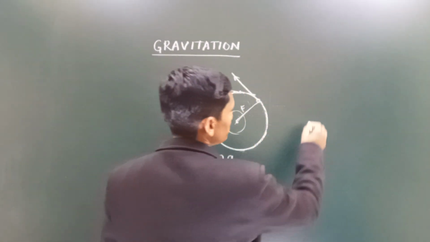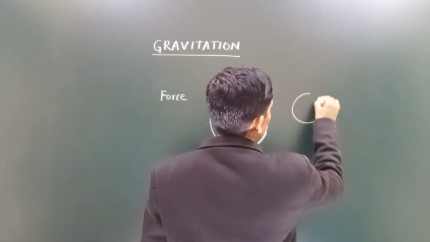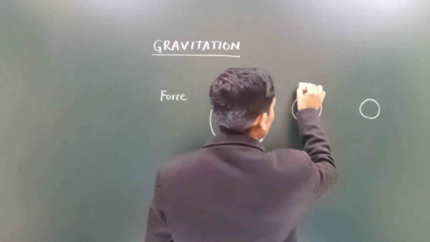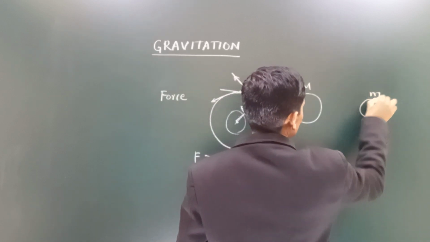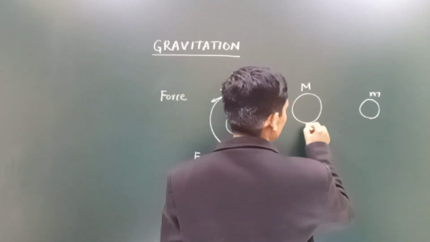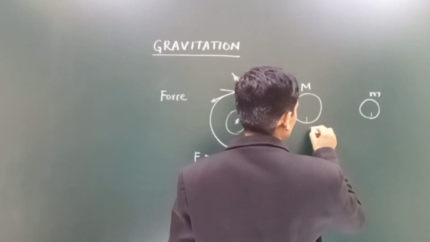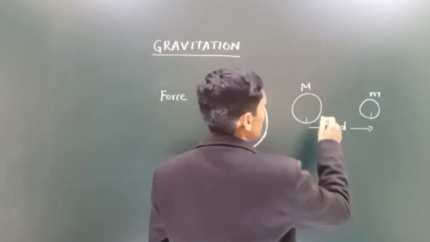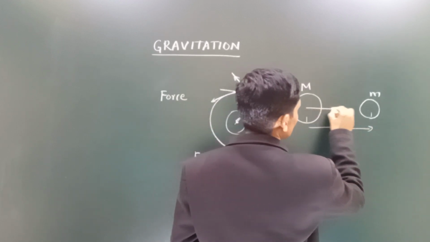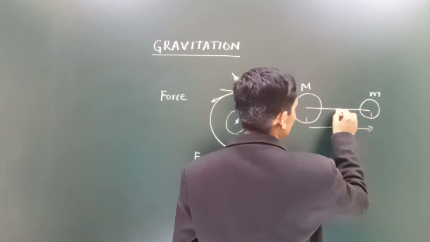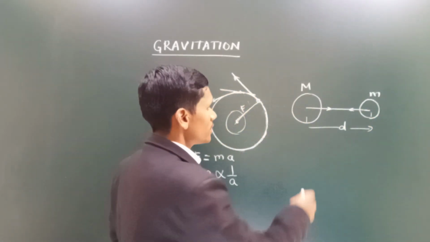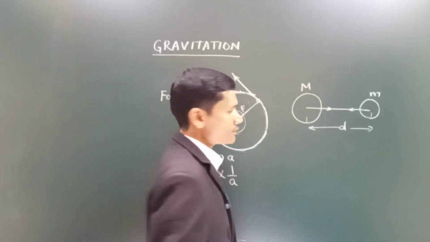If you consider two objects of mass m and m, and the distance between the two objects is d, if they are attracted towards each other, he gave a rule there. That is one law he gave. What is that?